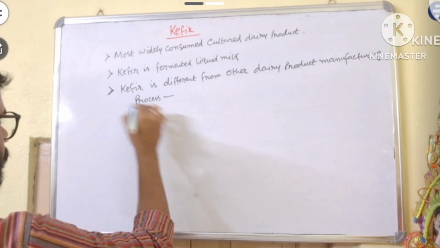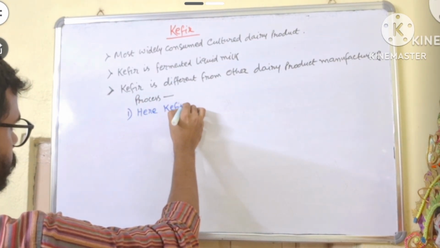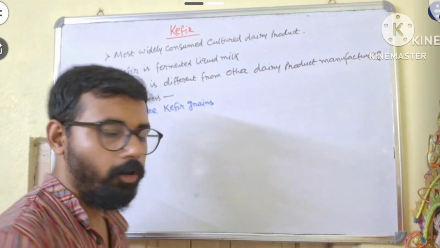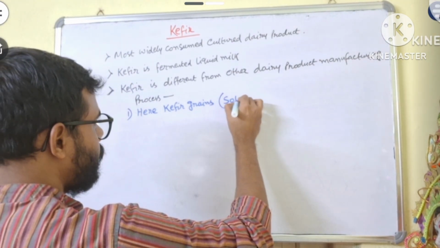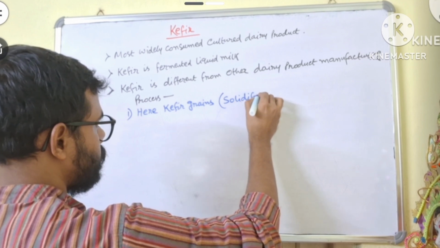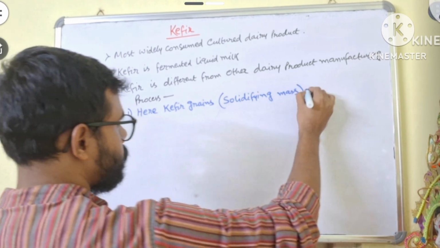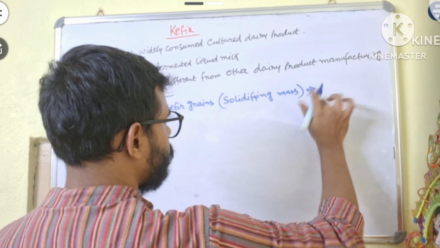Here, kefir grain is used as a starter culture. Kefir grain is actually a solidified mass, and it looks like a mushroom or cauliflower.